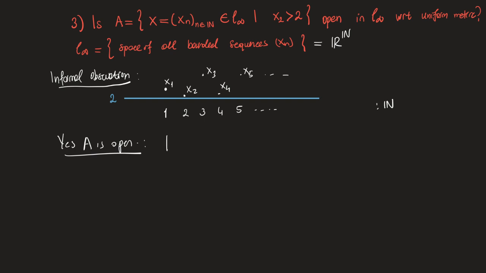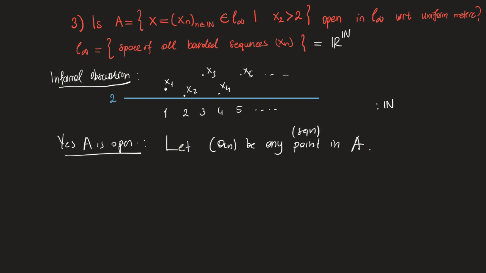Given A, let a be any point in A. By point I mean a sequence, of course, because in this kind of setup your points correspond to sequences. That's why I'm saying point or sequence. They are just the same thing.